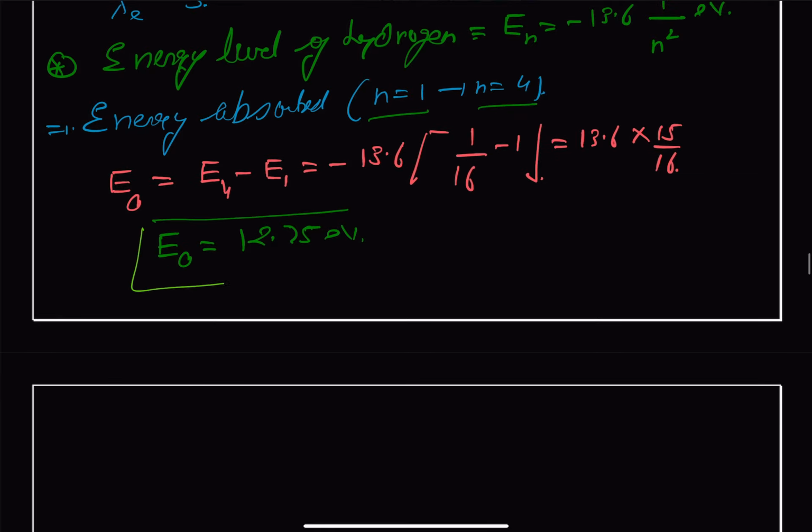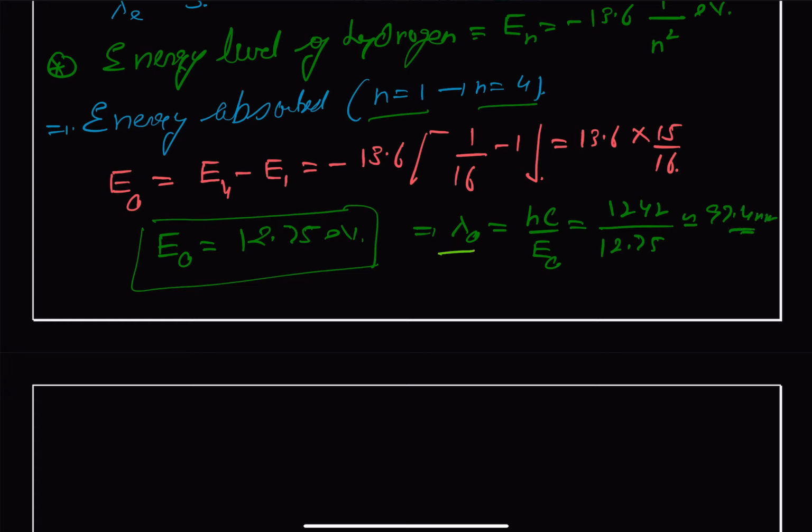And we can now use the relationship of the energy and wavelength. So from here we can say lambda A is equal to hc upon EA. hc is said to be 1242, and this is about 12.75, approximately equal to 97.4 nanometer.